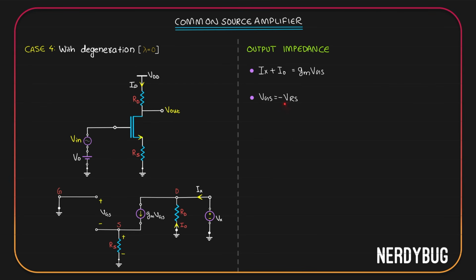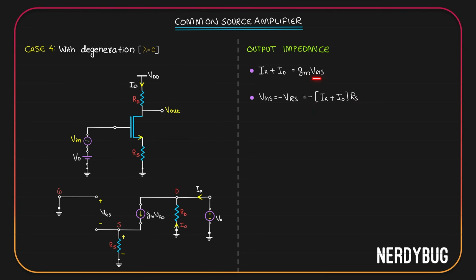Now, VRS is the potential drop across the resistor Rs. According to Ohm's law, it is the product of Rs with the current flowing through it. Current flowing through it is GmVGS. But GmVGS is Ix plus I0. So we can say VRS is Ix plus I0 multiplied by Rs.